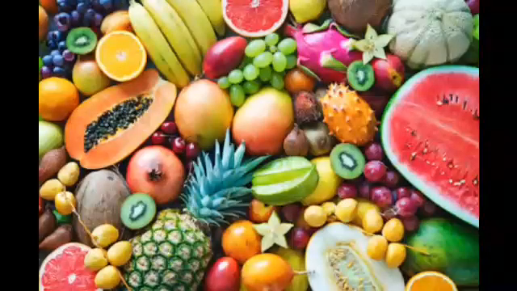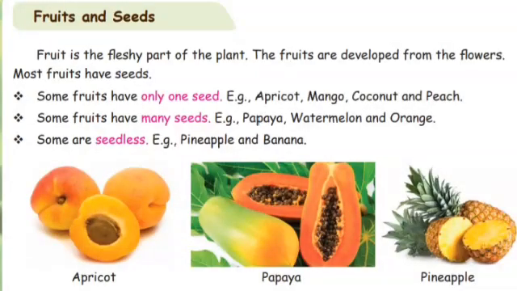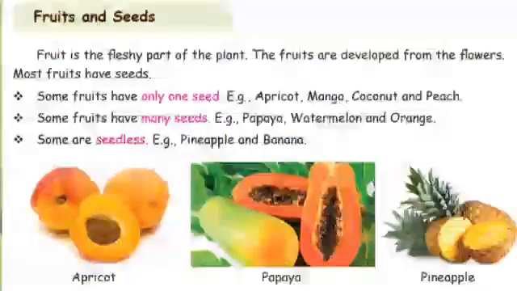Next, fruits and seeds. Fruit is the fleshy part of the plant. The fruits are developed from the flowers. Most fruits have seeds. Some fruits have only one seed.